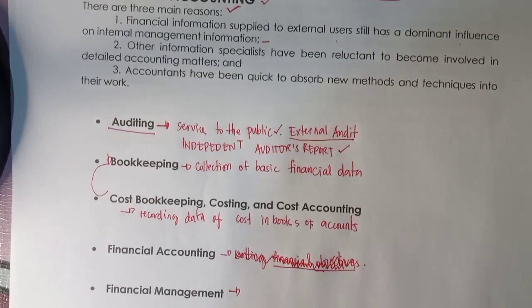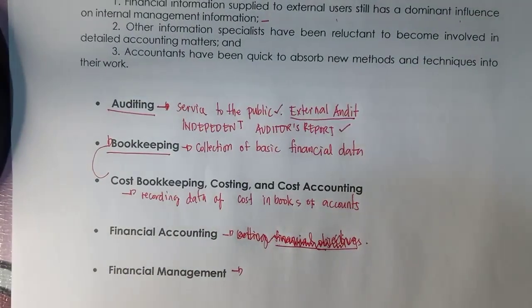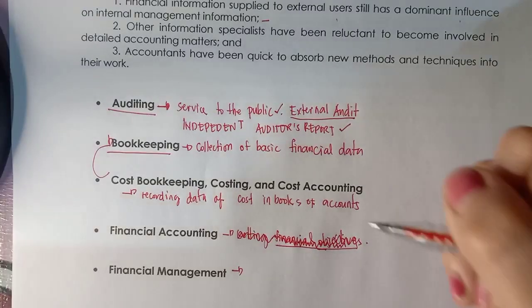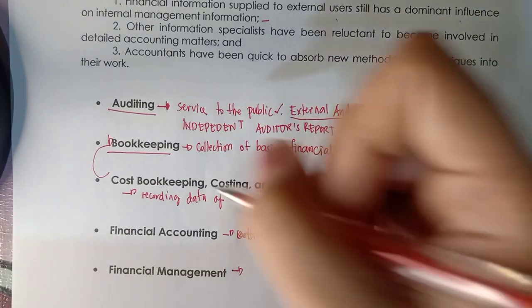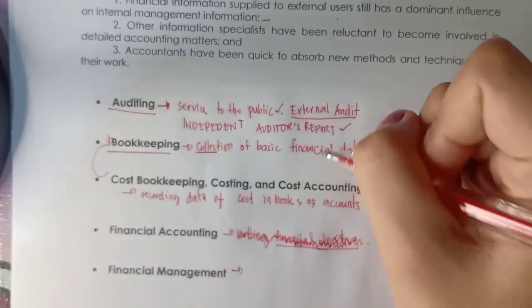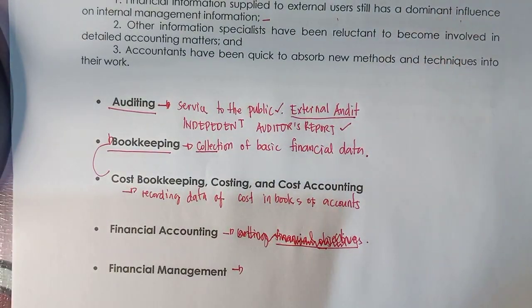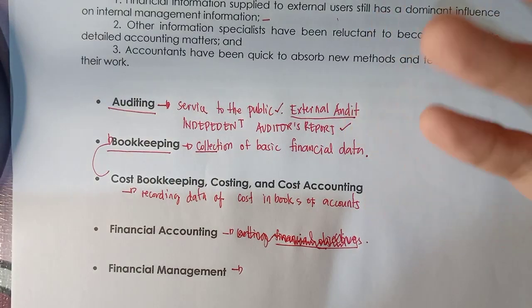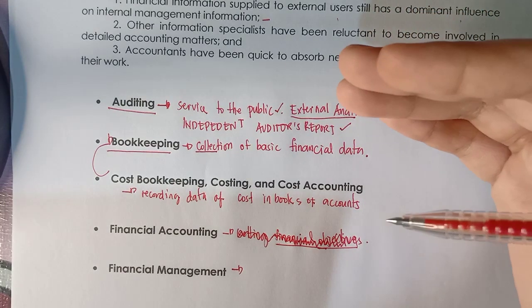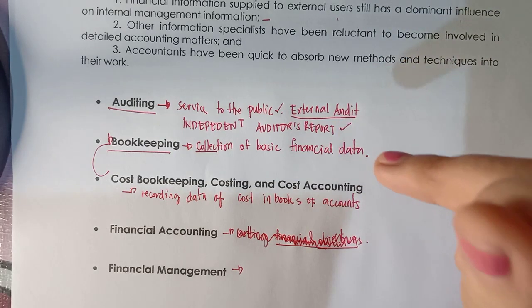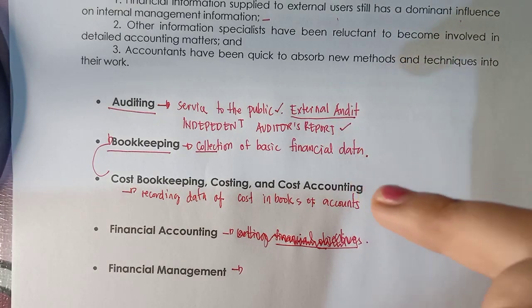Next branch is bookkeeping. When we say bookkeeping, what does it involve? It involves mechanical tasks of collection of basic financial data. In bookkeeping, it will collect financial data. Then those data are first entered in the accounting records or the books of accounts.